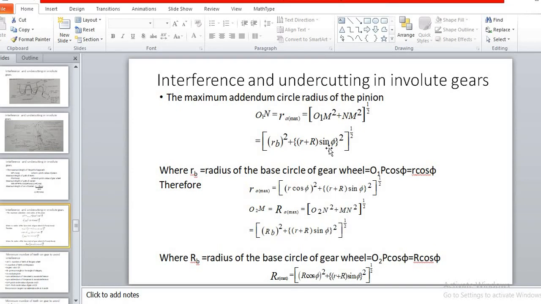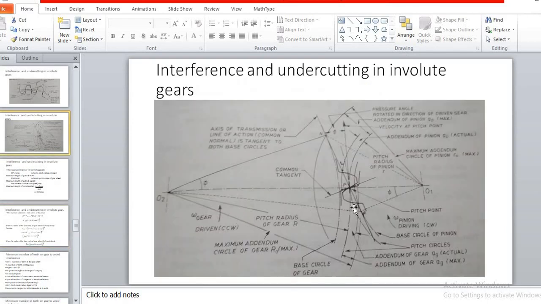Now for this RB, the base circle radius, we can write it as O1P cos phi. Consider this small triangle O1PM.